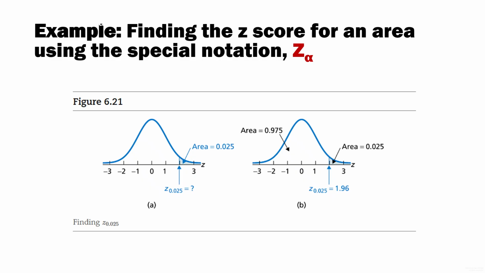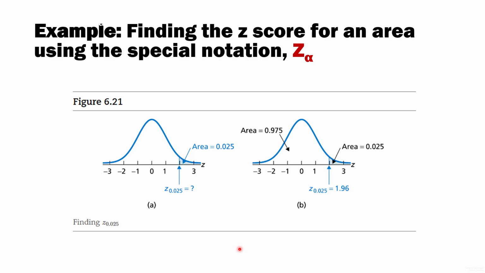Let's do an example, finding the z-score of an area using the special notation z-alpha. In this question, we're going to use Table 2 to help us determine z-alpha 0.025.